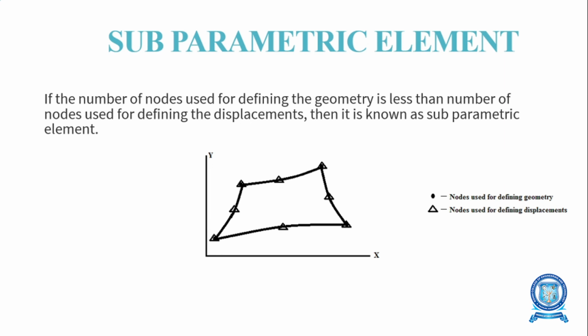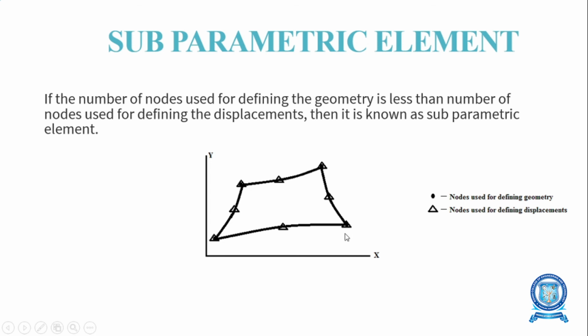Then what is a subparametric element? Here, in the diagram, we check the number of nodes defining geometry and the number defining displacements. How many nodes define the geometry? 1, 2, 3, 4. Just 4 nodes.